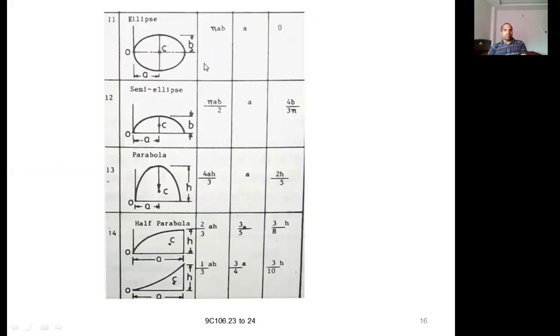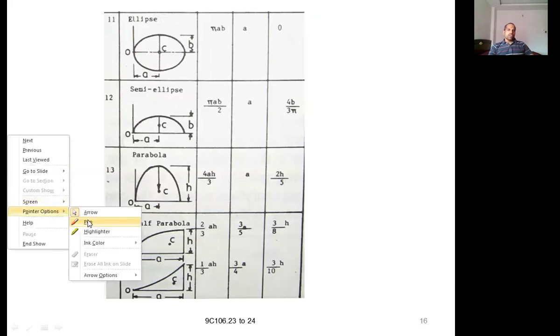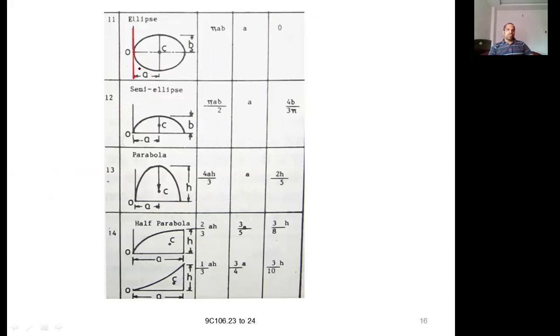Similarly, the ellipse has area pi AB, and from the reference axis the centroid will be at a distance of a. For the semi-ellipse, the area is pi AB by 2.